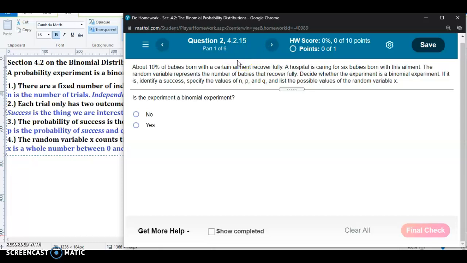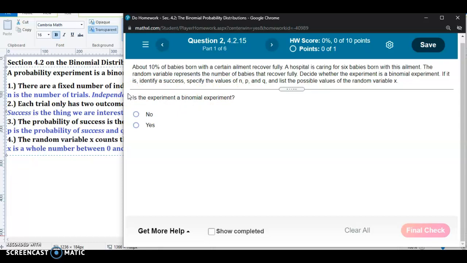The next example asks you to determine if the experiment described in the problem is a binomial experiment. So you're going to read the description, and then determine whether that experiment satisfies the four conditions for a binomial experiment. Remember, the conditions are that you have a fixed number of trials, and the trials are independent of one another.